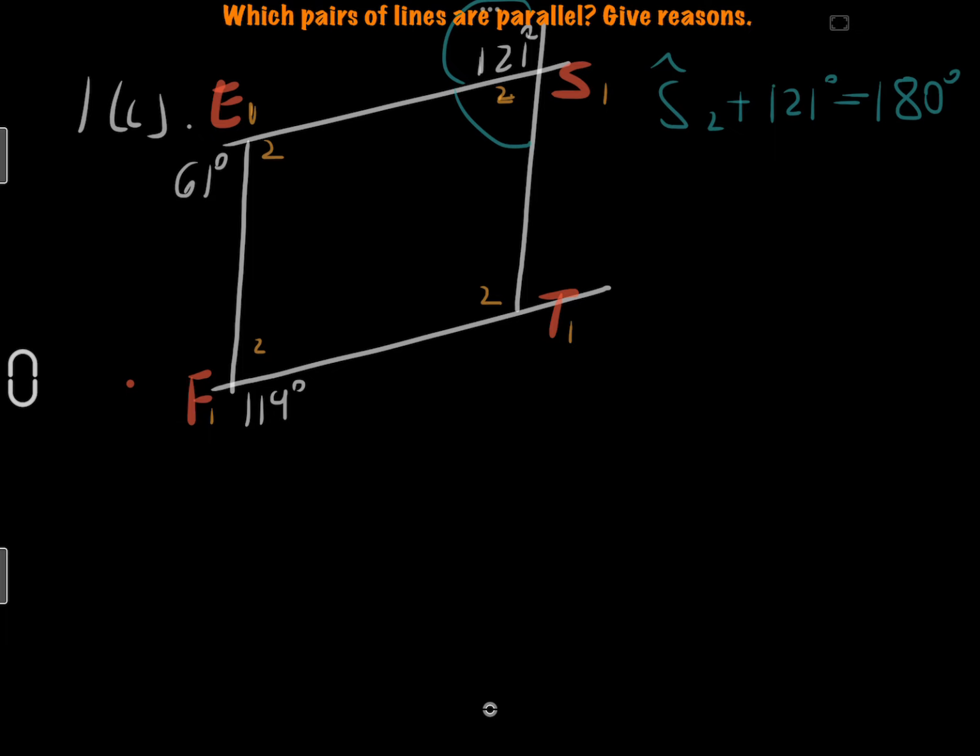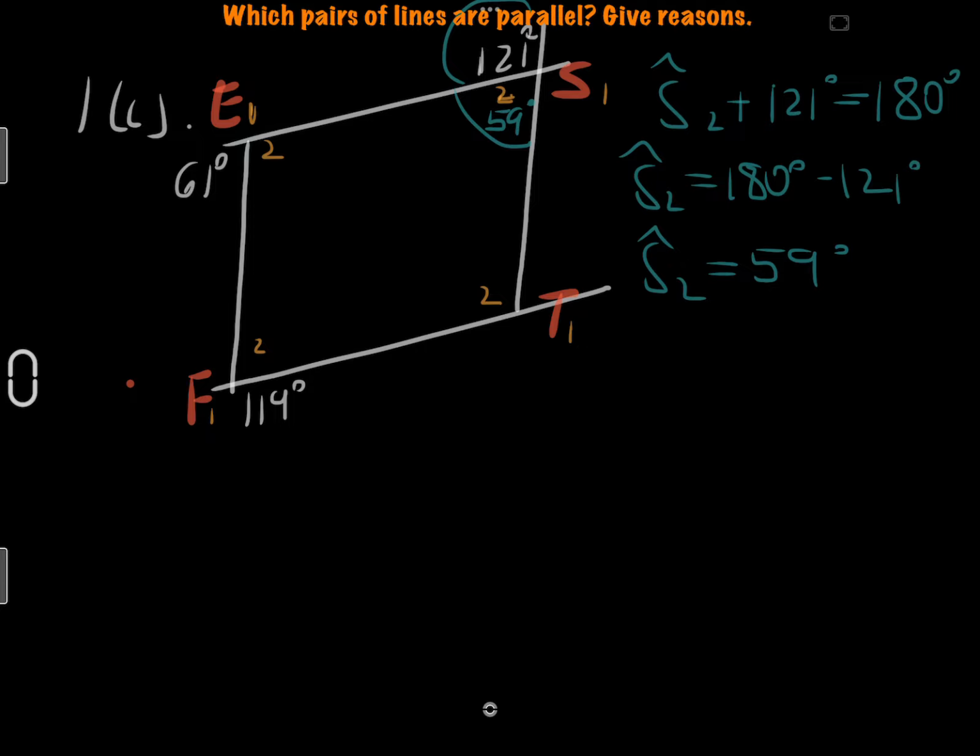So angle S2, you can make it the subject of the formula, is equal to 180 degrees minus 121 degrees. By use of a calculator, 180 minus 121 gives us, in other words angle S2 gives us 59 degrees.